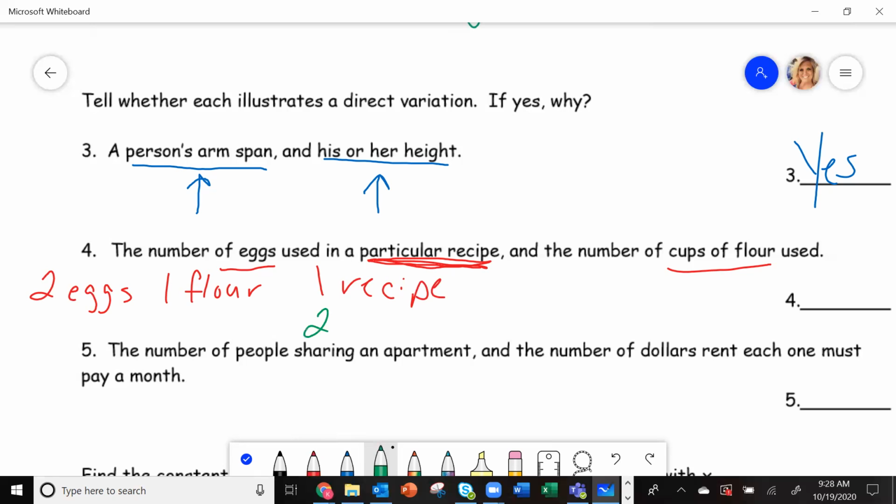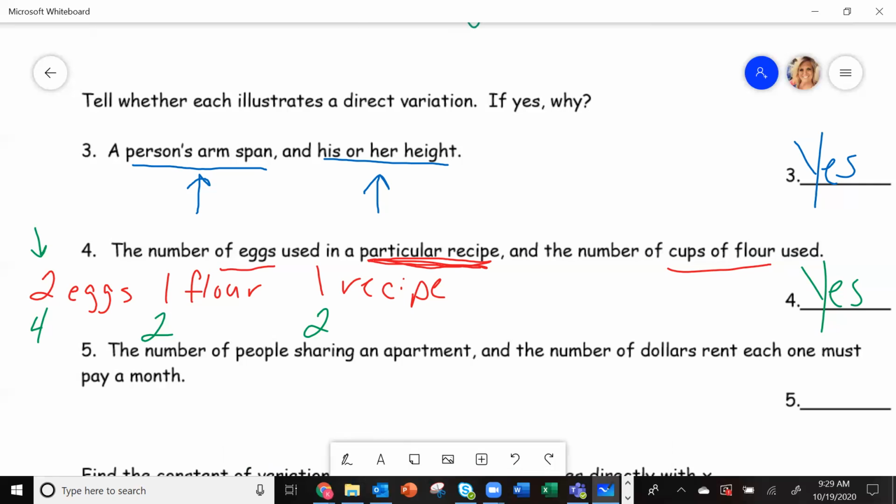If you did 2 batches, what would you do? Would you use the same amount of eggs? You would double it, right? And you would make it 4 and 2. Every time you increase your recipe, you're still putting in that extra 2 eggs and that extra cup of flour. So yes, this would be a direct variation, because as you increase the amount of eggs, you increase the amount of flour. Both of these things are going up.